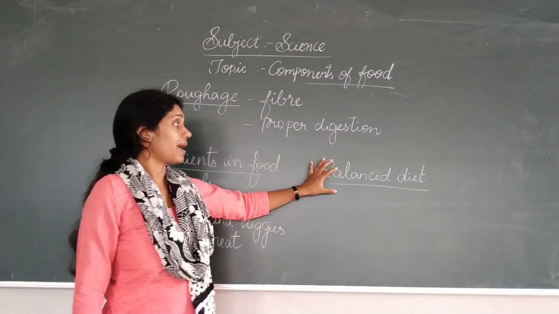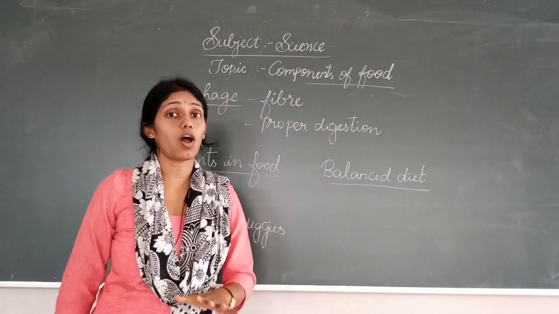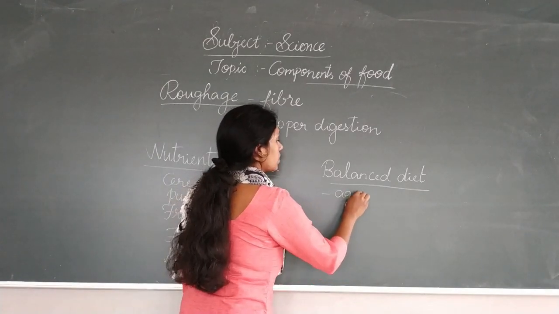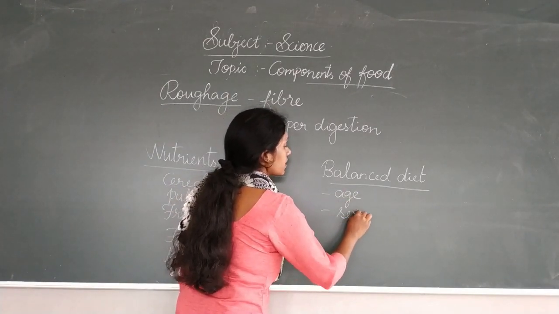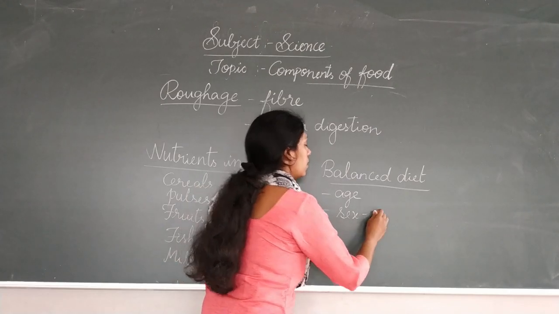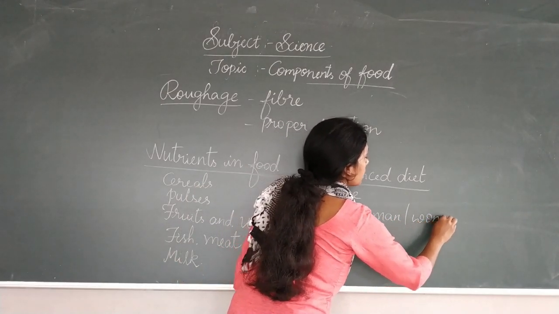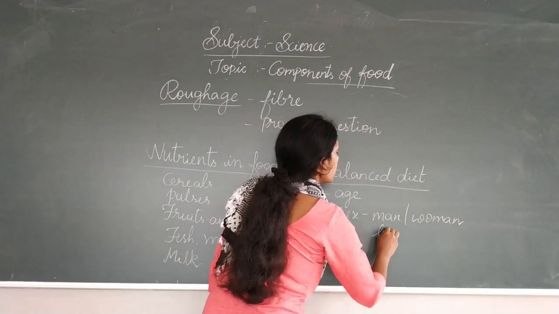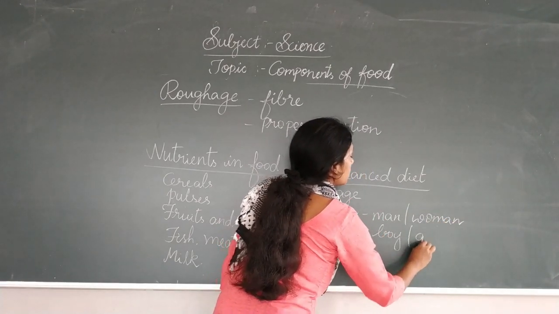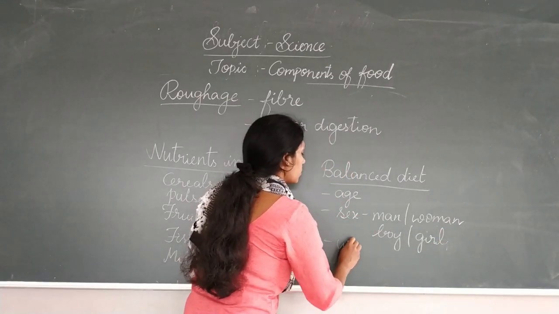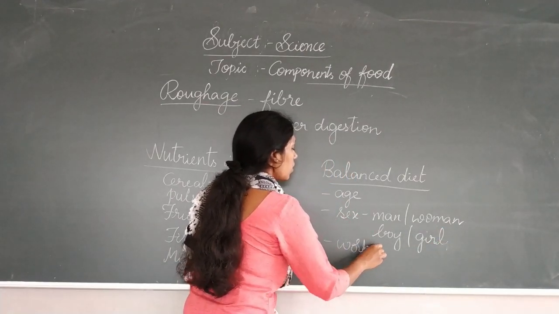So children, the balanced diet is not the same for all. It differs according to the age and then sex. Sex means either man or woman, boy or girl. It differs to person and the work they do.